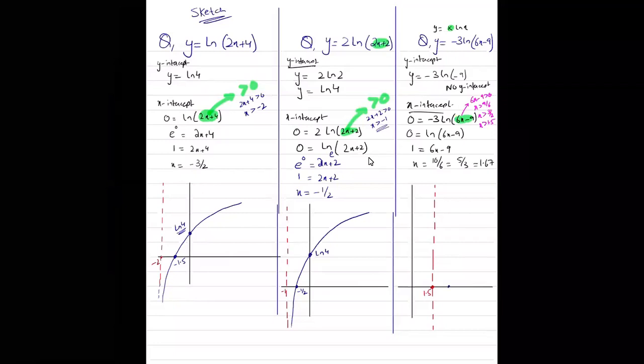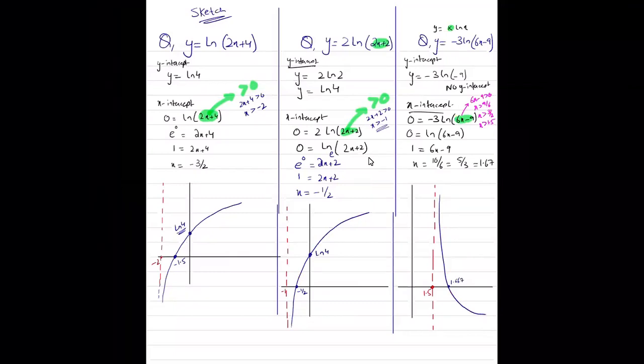So it is going to be the reflection in the x-axis. Okay? This is for positive ln(x). It is now reflected, so that's why the downward shape. 1.67 is 5 upon 3.